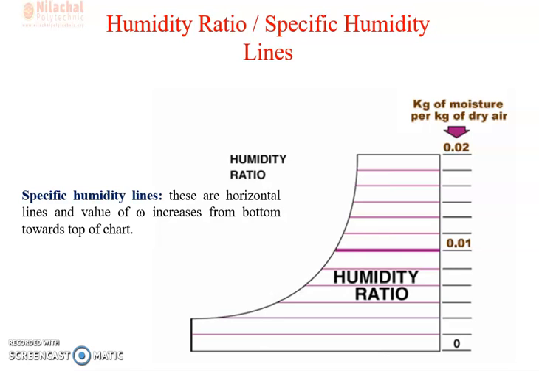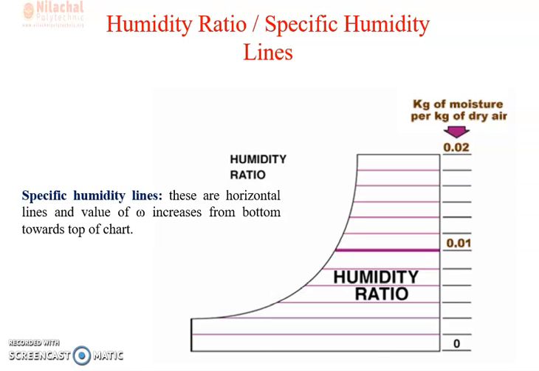Let's come to another, the specific humidity or humidity ratio, which means how much moisture content. The specific humidity lines, as you are observing, are horizontal, parallel to each other and uniformly spaced. Generally, the moisture content on the psychrometric chart varies from 0 to 0.02 kg of moisture per kg of dry air.